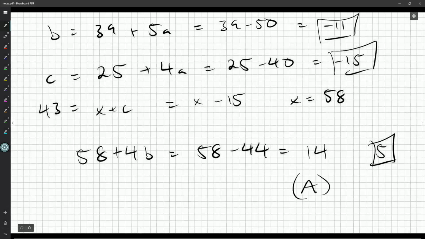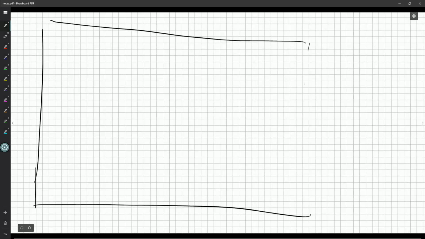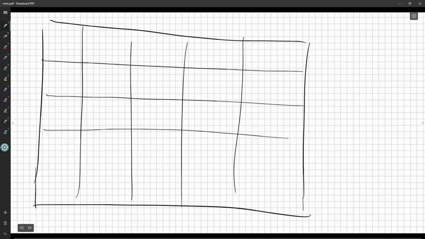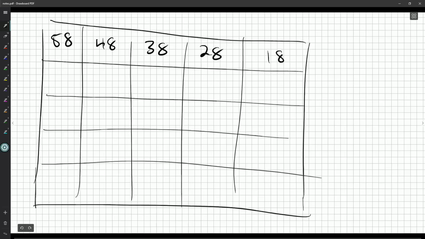Okay. Now, just because the negative numbers have me a little spooked, I want to actually figure out, does this actually work? Do I get an arithmetic sequence every single place? And exactly where we need it to be? And do I get the 40s and the 43s where they're supposed to go? So x should be 58. And now a is 10, so I should go down to 48, 38, 28, and 18. Okay, that makes sense. B was 11.